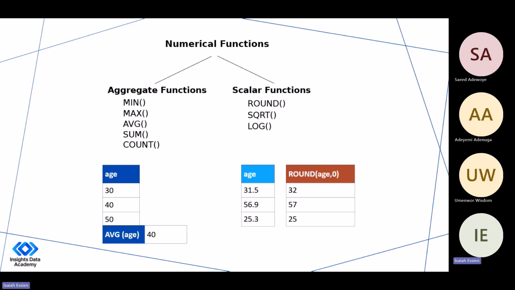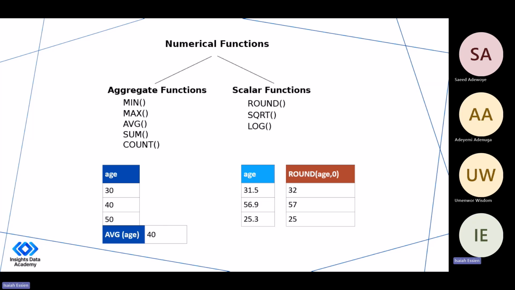From the name, it helps you to identify the minimum value in a column. Then we have max, which helps to identify the maximum value. We have the AVG function to calculate the average of the entries, sum and count.